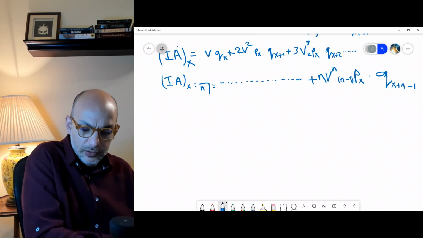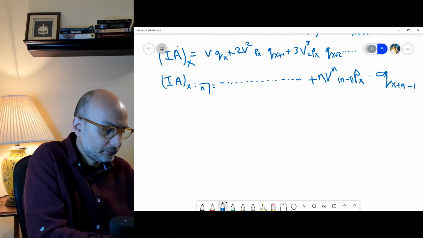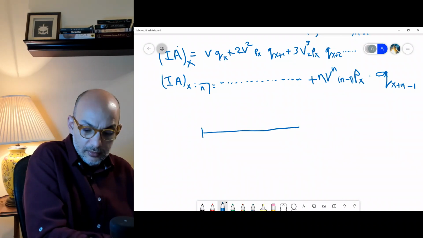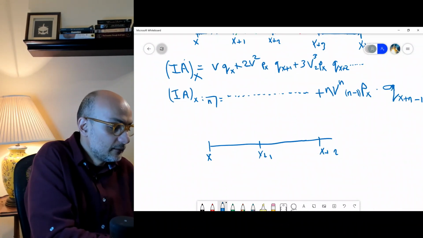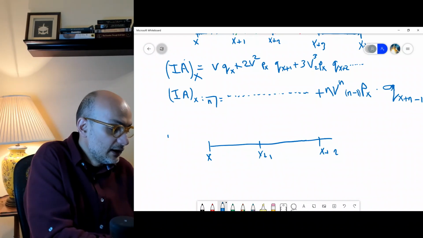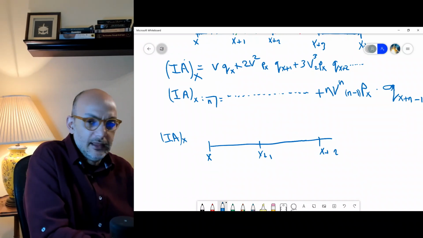For instance, what if you have a situation with x plus 1, x plus 2. Firstly, let's look at IA at x. I usually visualize it.